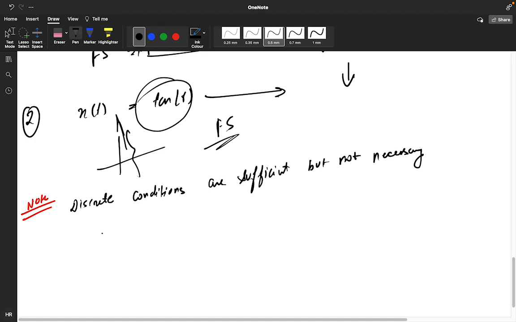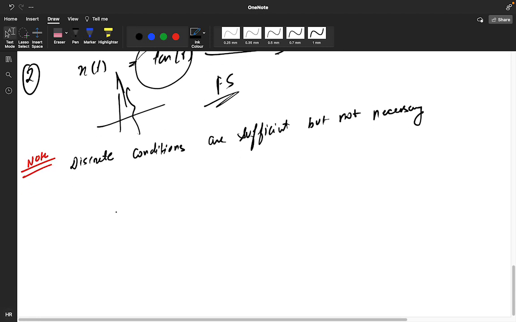There are some signals for which the Fourier series expansion is possible even though the Dirichlet condition is not satisfied. It is a kind of exception. So what are the exception signals? The exceptions are here, a signal like this.